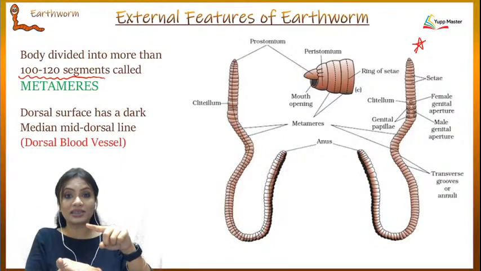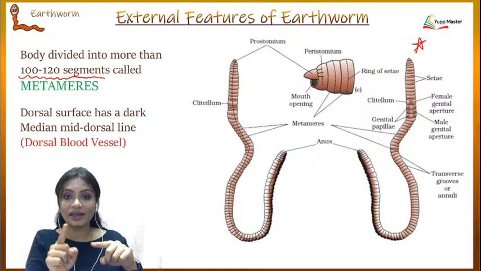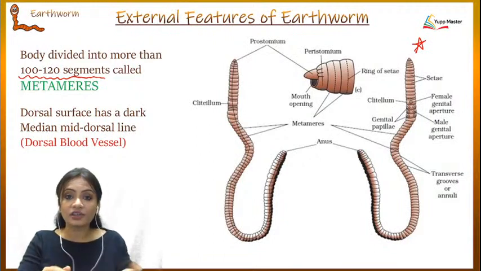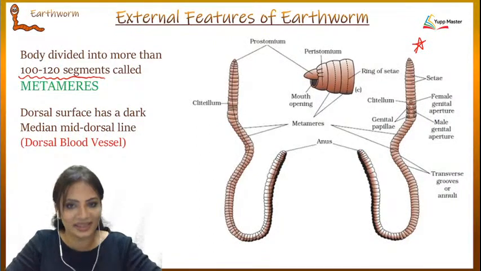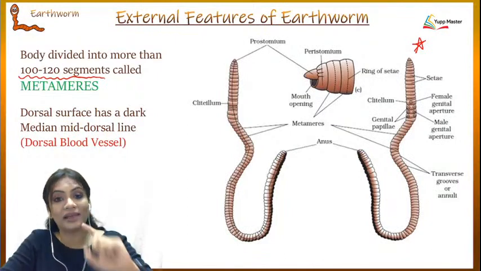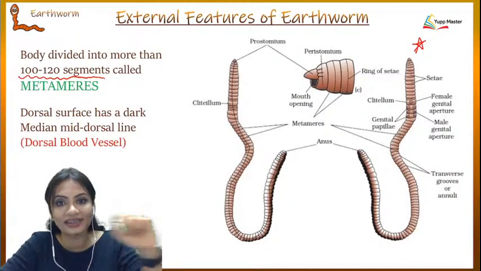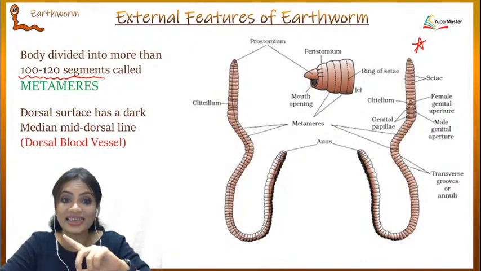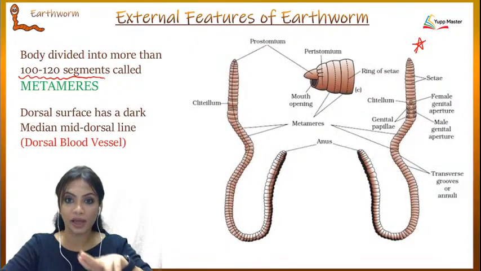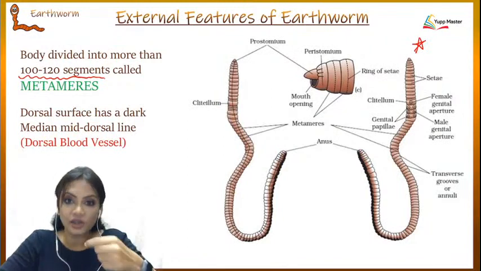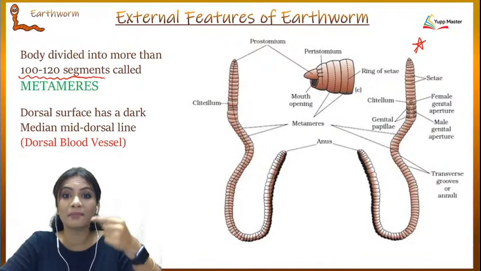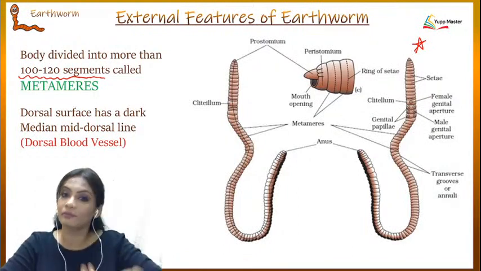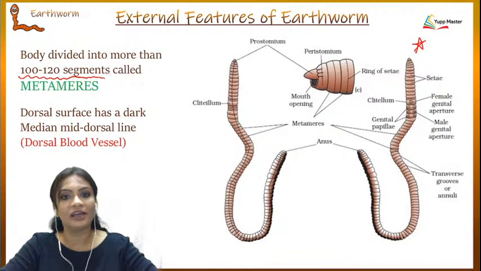The immediate opposite side of it is called the ventral surface of the earthworm. This is the surface which will be touching the ground when it's moving. The dark red line indicates a dorsal blood vessel, and that dorsal blood vessel is the marking feature of the dorsal side of this earthworm. The immediate opposite would be the ventral side.